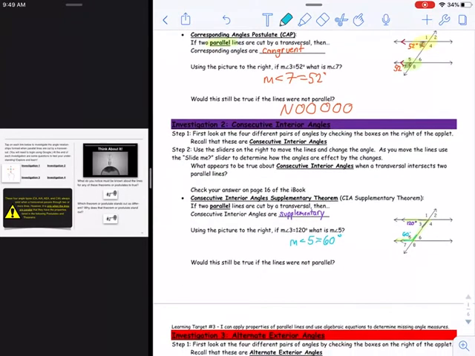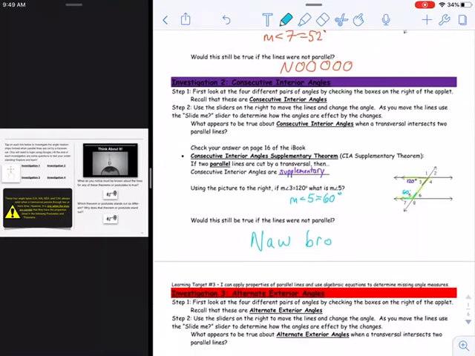And would this still be true if lines were not parallel? Nah, bro. Only works if they're parallel. So that's consecutive interior angles. And again, we use that stuff throughout the whole year. In fact, we know about quadrilaterals such as parallelograms because of the CIA theorem.